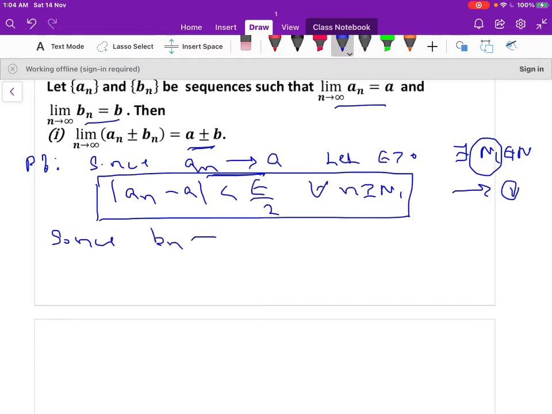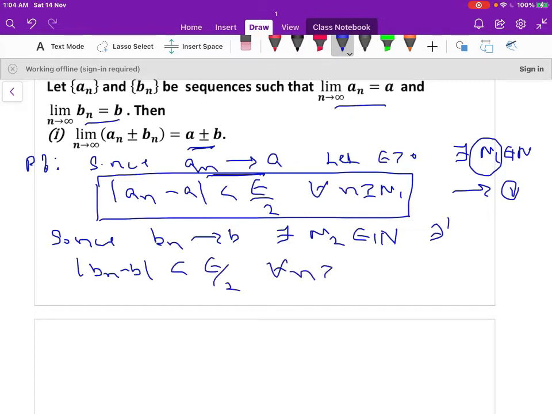Also, since b_n converges to b, there exists n2 belonging to the natural numbers such that modulus of b_n minus B is less than epsilon by 2 for all n greater than or equal to n2.